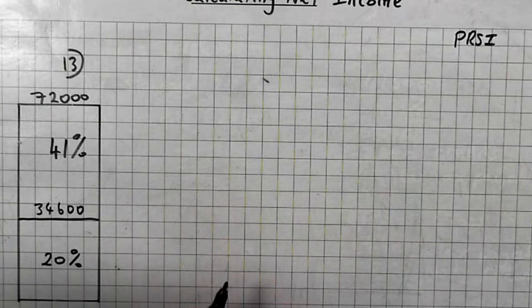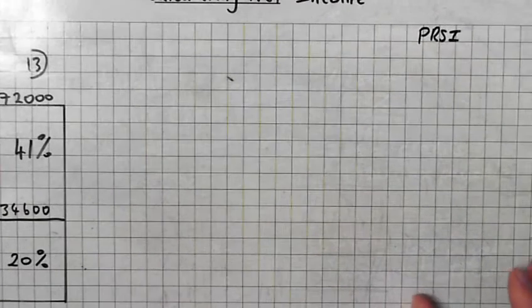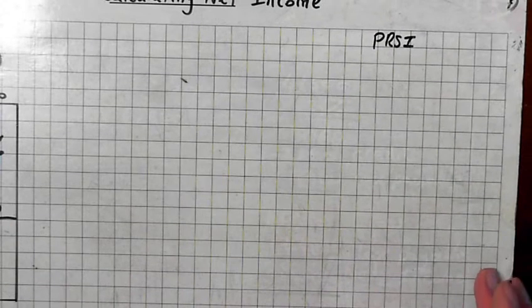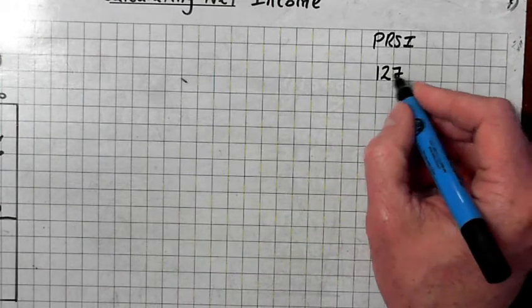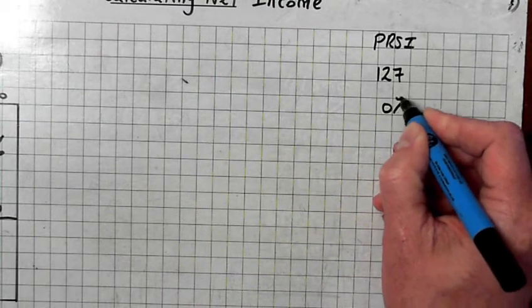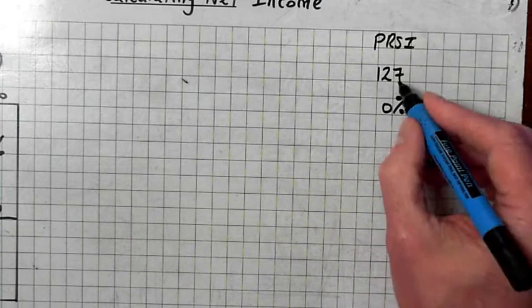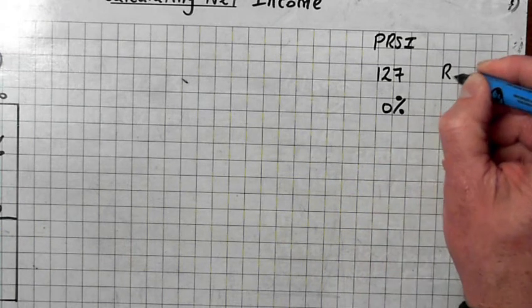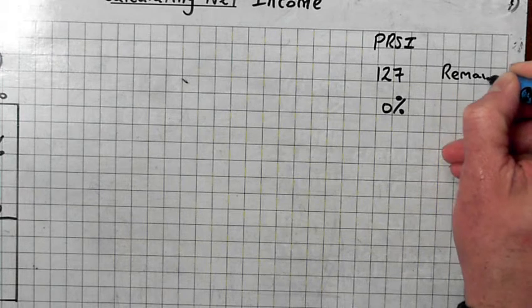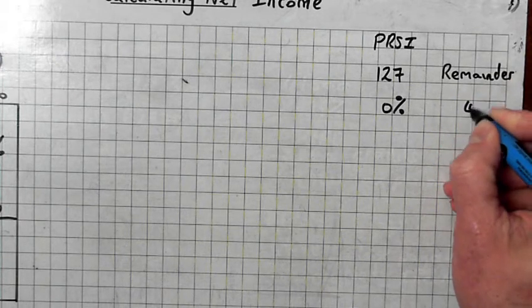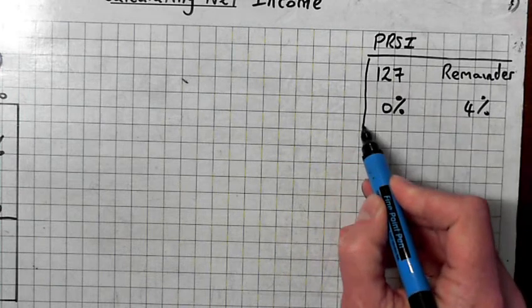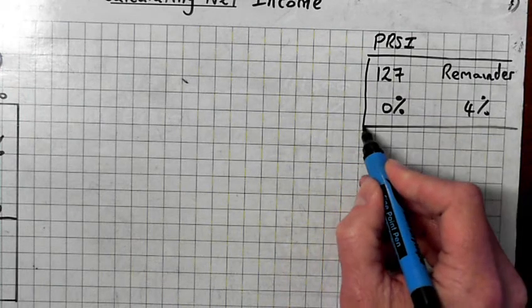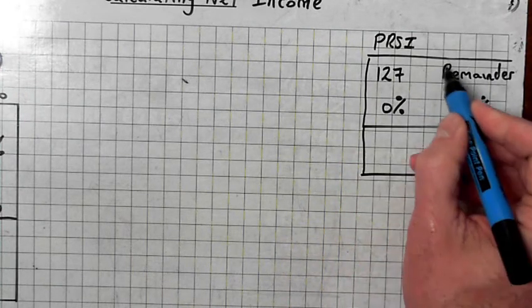He is in class A for PRSI. Assume a 52-week year. Class A for PRSI means the first €127 a week he pays 0% PRSI, and then on the remainder of what he earns every week, 4%. That's the PRSI he has to pay out of his salary. Alright, we'll do that in a minute.